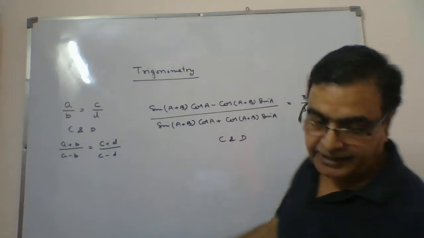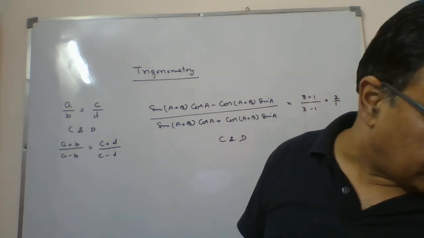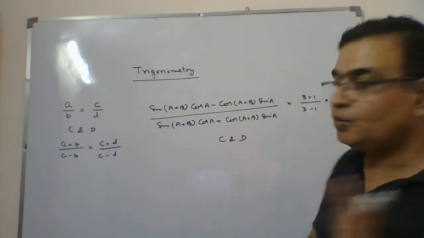Then I'll use again, now we are using componendo and dividendo. This side, sin a plus b we have taken, and now we are using componendo and dividendo once more.